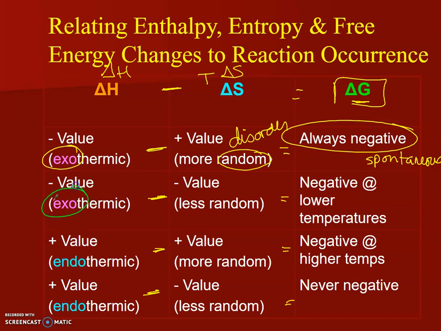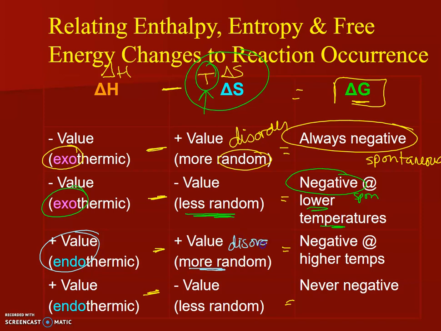All right, if you have an exothermic reaction, but you're actually decreasing the disorder, then you're going to see that it is going to be negative at your lower temperatures. Okay, so we'll only be spontaneous at low temperatures. If we bump up the temperature too much, it's going to increase this total product and therefore make it be non-spontaneous. Okay. So, similarly, if you see an endothermic substance that is going to have a disorder happening, okay, it depends on the value of your temperature.